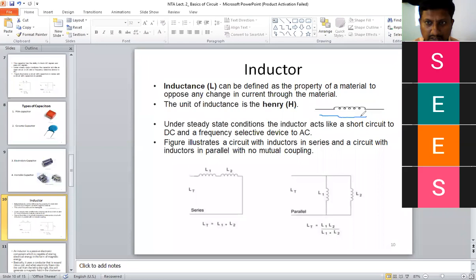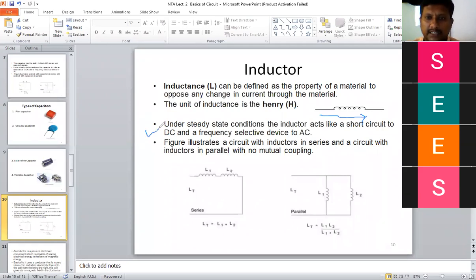An inductor does not have polarity like a capacitor; it is just like a resistor. But how does it get formed? If you take a wire and wind it in a number of turns, it will form an inductor. We will see what the behavior of the inductor will be.